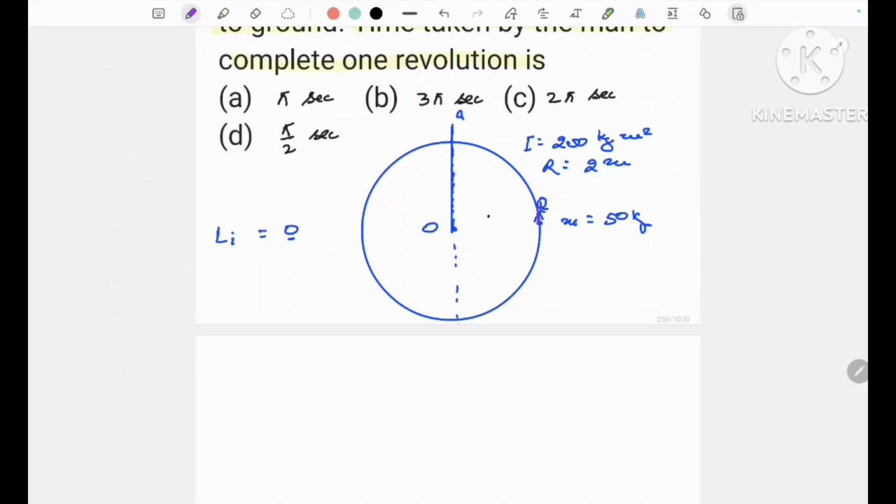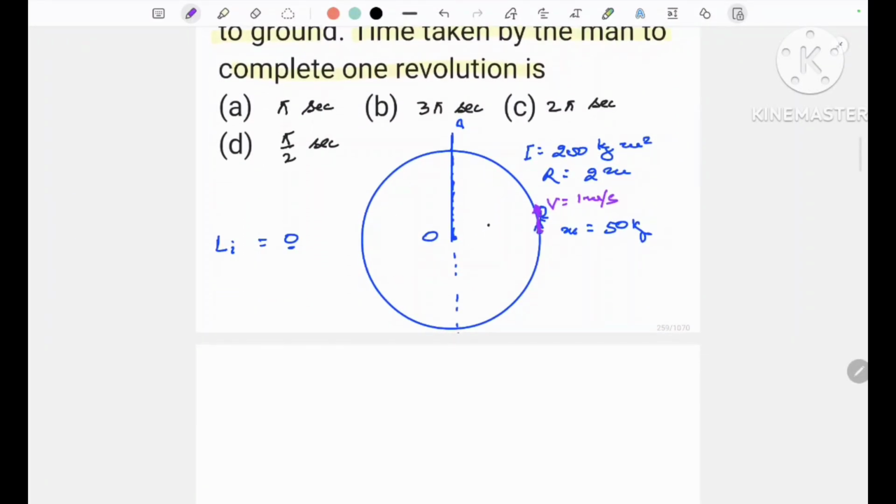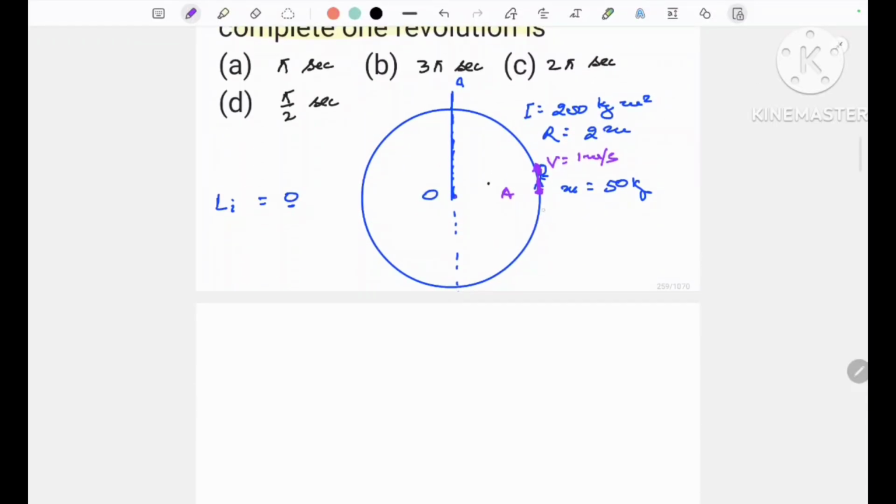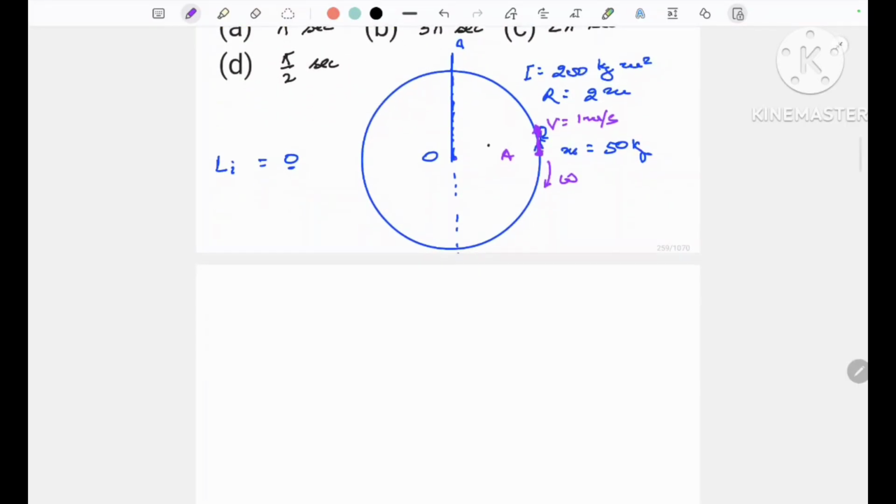The man moves with speed v of 1 meter per second. Suppose this point, which was initially at A, and this platform moves in the opposite direction with omega radian per second angular speed.